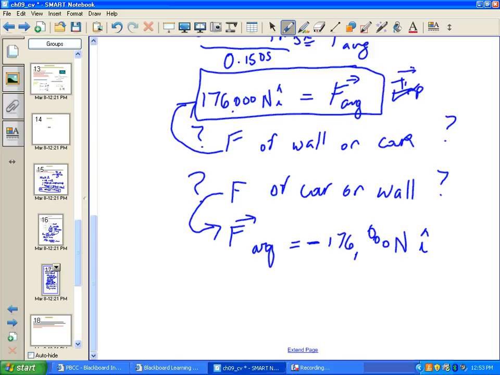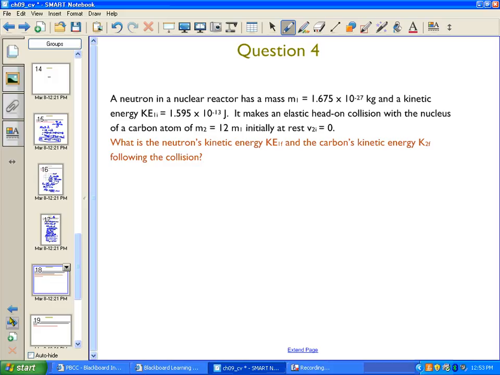Okay, let's go to our last problem in this part. Question 4. A neutron in a nuclear reactor has a mass of 1.675 e to the minus 27 kilograms.